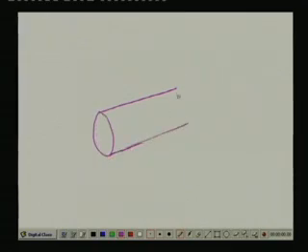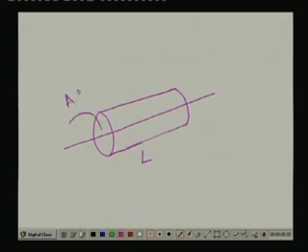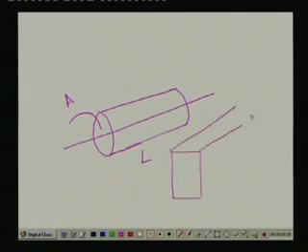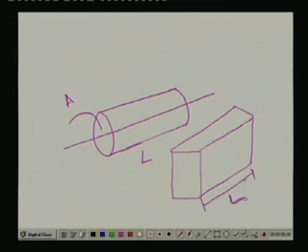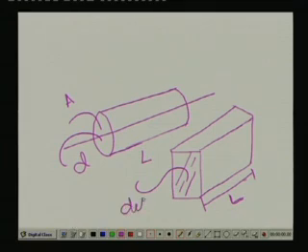Once we consider a situation, suppose a rotating shaft having a length L and cross sectional area A. If you have some other non-rotating member with a different cross section, say for example rectangular, then we also consider the same length L, and in the circular case we have a diameter d, and for this area we will try to find the effective diameter d effective.